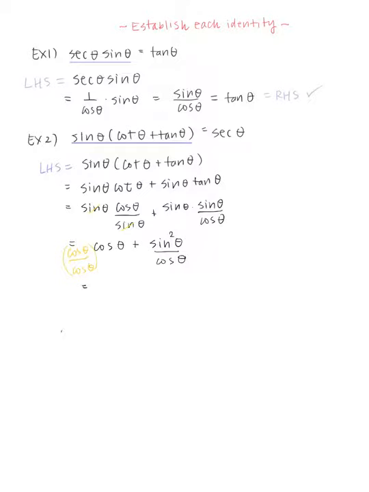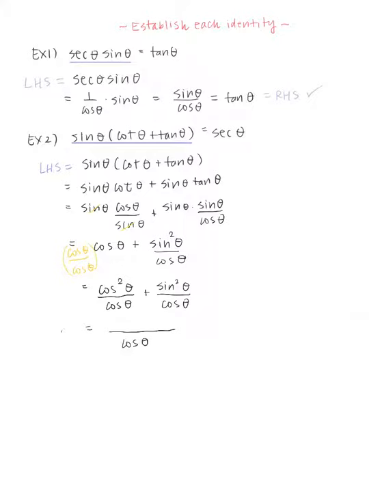So if we do that, what do we get here? Cosine theta times cosine theta is cosine square of theta over cosine of theta plus sine square of theta over cosine of theta. Okay, now let's combine.